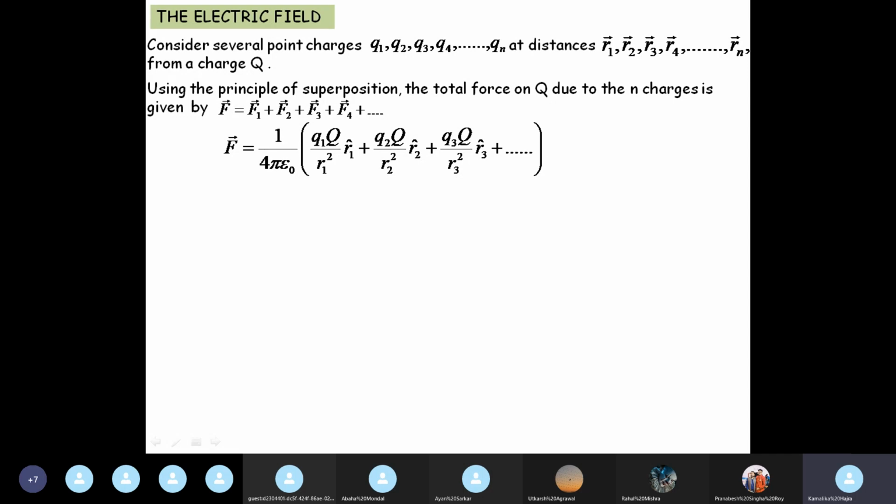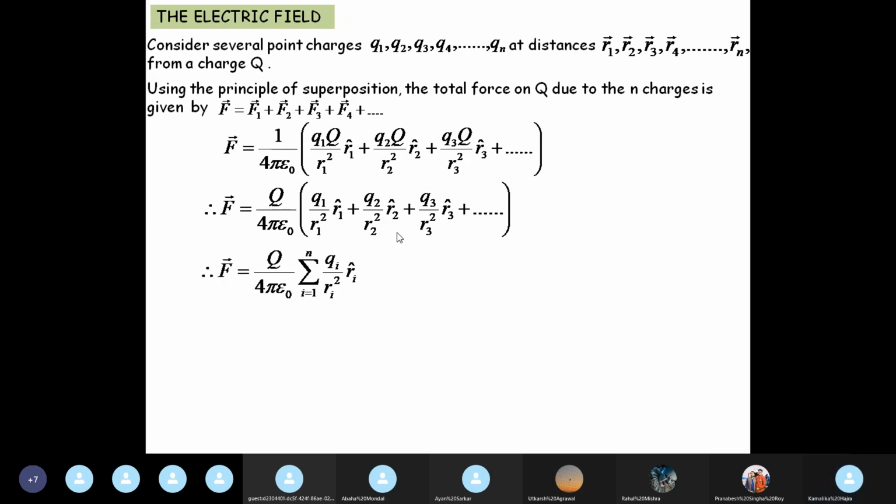Now you can see that you can take capital Q outside. That is the test charge, you can take it outside. So F is capital Q by 4 pi epsilon naught, and inside you have the source charges: q1 by r1 squared r1 cap, q2 by r2 squared r2 cap, etc. So you can write this as a summation: F equal to Q by 4 pi epsilon naught, summation i equal to 1 to n, qi by ri squared ri cap.